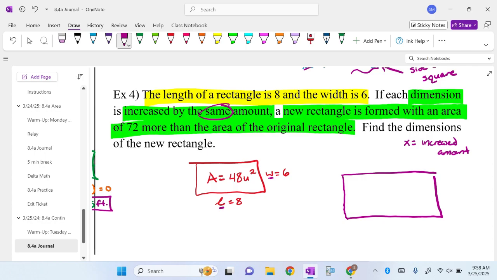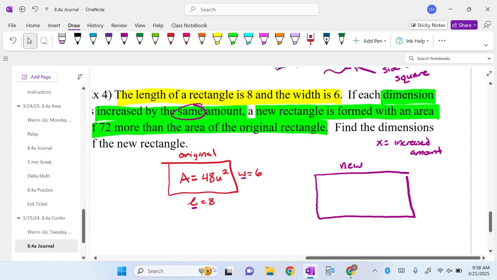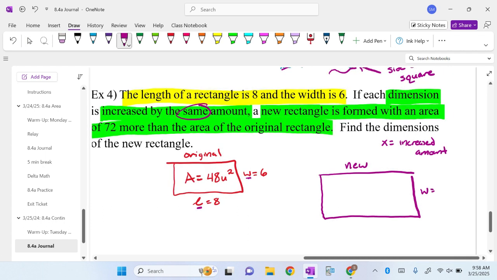Now, if I increase both of the side lengths by x from the original rectangle, so this is the original, this is the new. What would be my new width? What would be my new expression for width if I increased it by x?